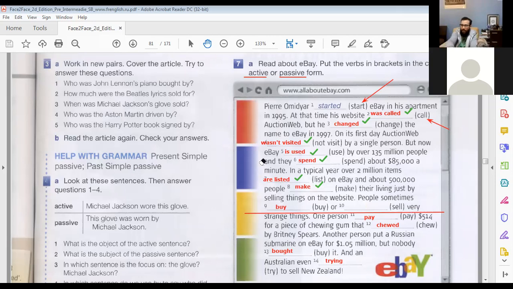So بنخش في حاجة specific. One person. So what's the answer here? For a piece of chewing gum that حاجة Britney Spears. فهذه تو يحكينا على حادثة واحدة. معناها مش حتكون habit. So what do you think?